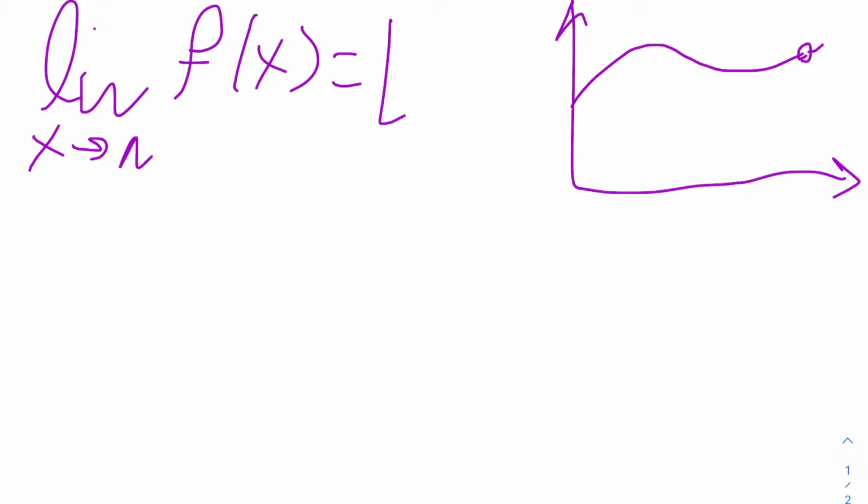You can have like a point discontinuity. Okay, so let's say that this is our graph, and over here we have our value a, and over here on the y-axis we have L, which remember doesn't necessarily have to equal f of a.